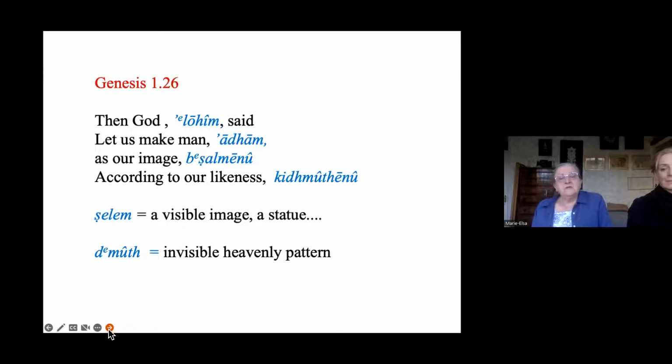But according to our likeness, that's more difficult, because this word demut, which I put at the bottom of the screen there, is actually the invisible heavenly pattern, and it belongs actually outside the temple in the realm that's even above the realm that is represented by the Holy of Holies.